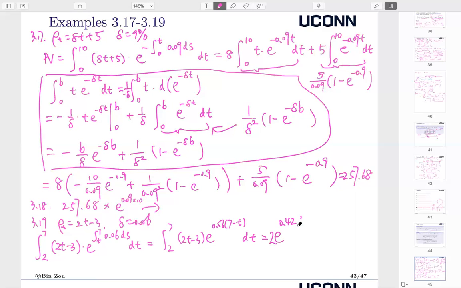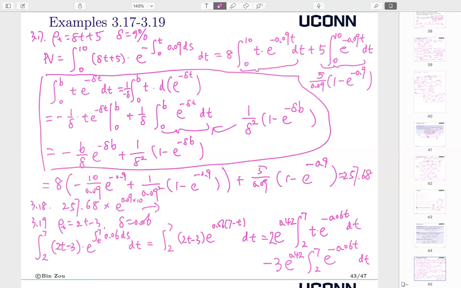I can put 2, then I have from 2 to 7. Inside would be t times e to negative 0.06t, and then another term, which is minus 3, with exponential of 0.42 from 2 to 7, of negative 0.06t dt. The second integral is very easy to handle. The first one looks highly similar to what I did down here.